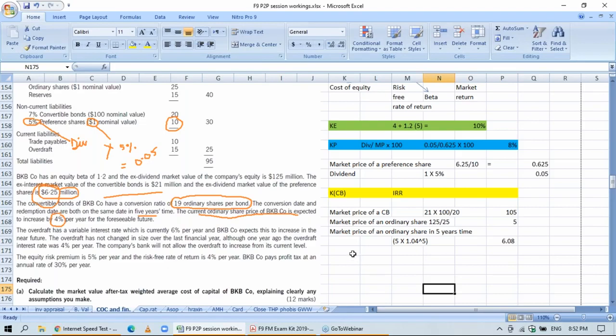And therefore, if the investor opts for conversion into ordinary shares, he will be getting 19 multiplied by 6.08, and this makes 115.52.